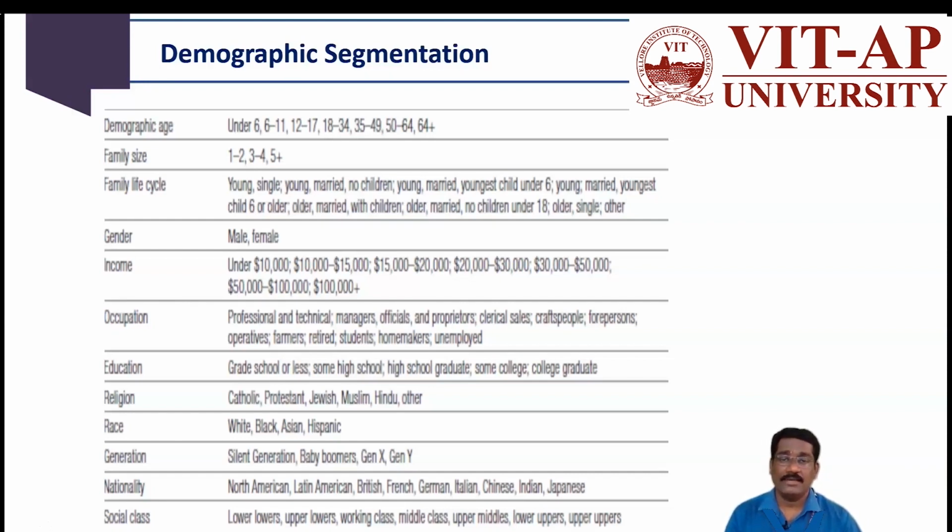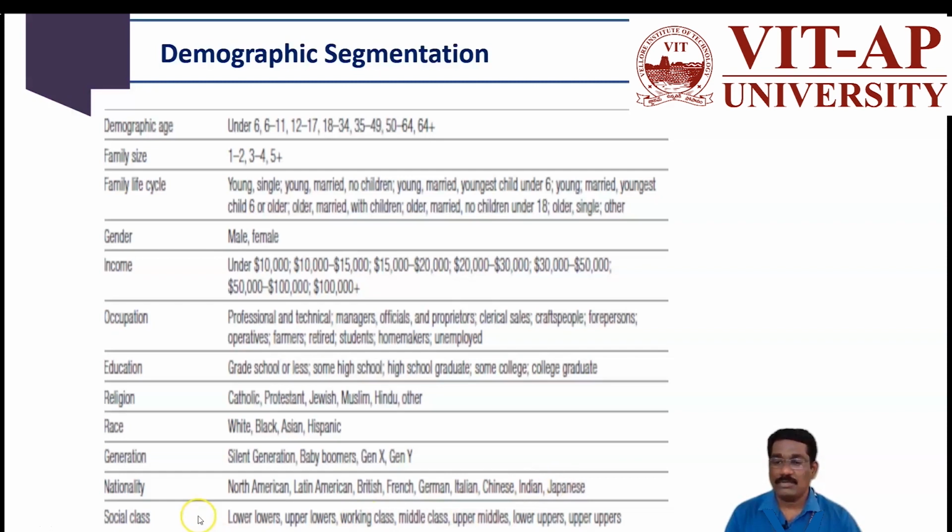Online service providers like Amazon and Flipkart are very much specifically focusing on Generation Y to offer their service towards that particular segment. And also based on nationality, you have North American, Latin American, British, French, German, Italian, Chinese, Indian, Japanese. Each has their own requirements of products and services based on their beliefs, values, and culture.